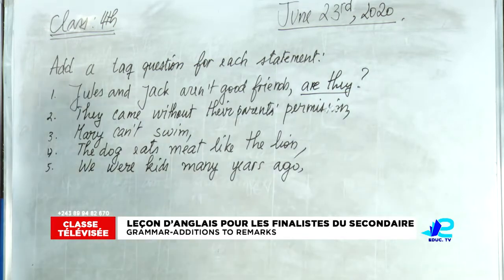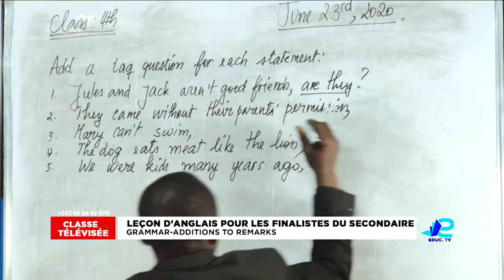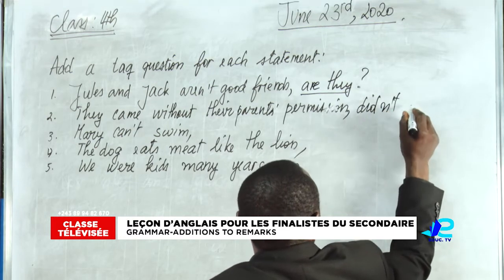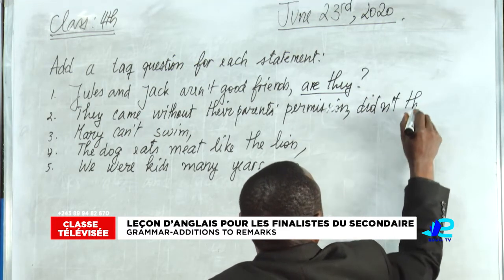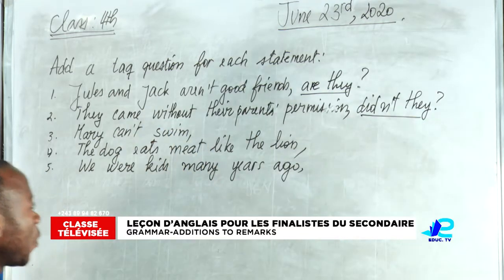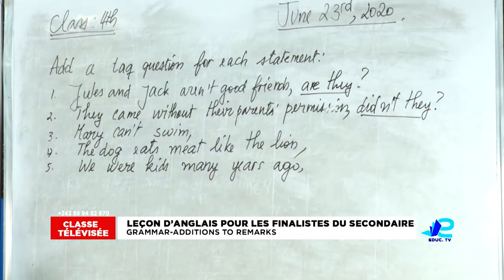The second sentence is: they came without their parents' permission. The sentence is affirmative, and the tag question should be: didn't they? Because you have a positive example, normally the tag question must be interrogative.